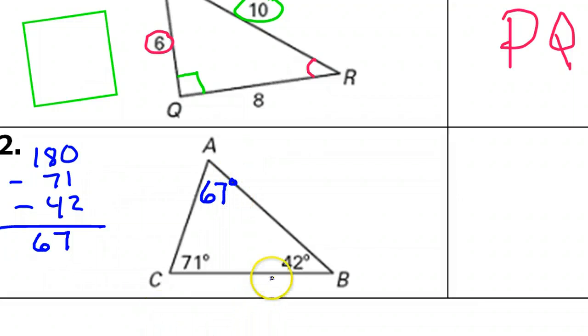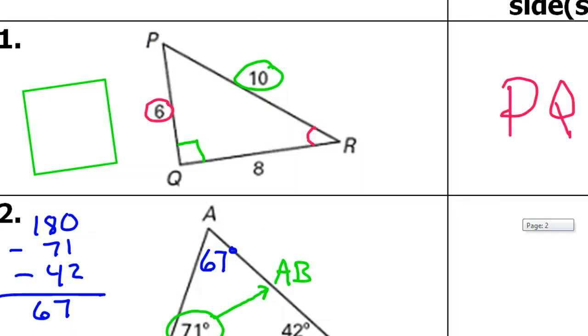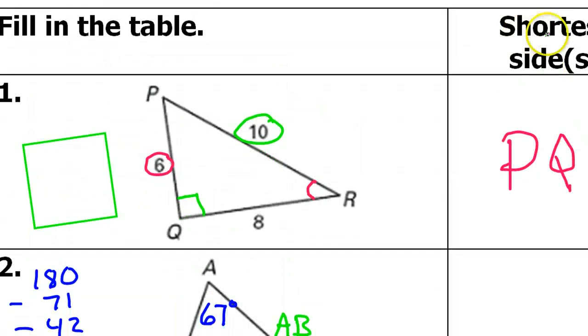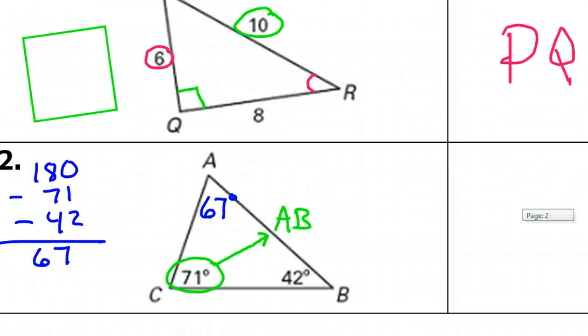Now the biggest side will be across from the largest angle. The largest angle is 71, so that will be across from the largest side. So side AB has got to be the biggest side. Is that what they ask first? I guess first they're asking for the shortest side.